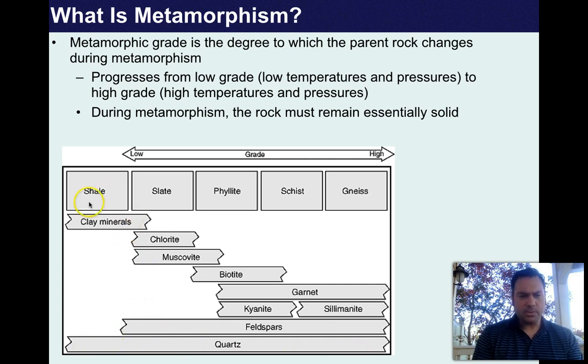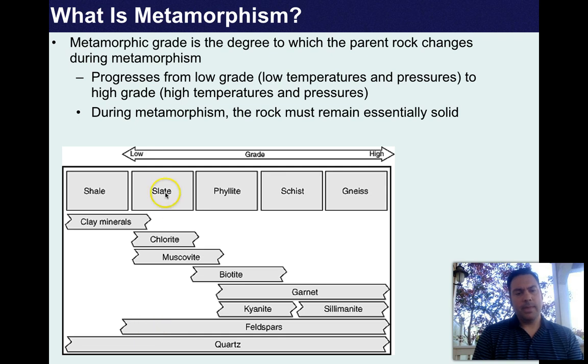But the other thing that's really cool is that when you form shale, remember the clay minerals form at the expense of the feldspars. Feldspars tend to break apart, and not just the feldspars, but most of the mafic minerals as well. But look, when you go from shale to slate, the feldspars come back. So it turns out feldspars are a relatively high pressure, high temperature mineral. It doesn't form on the Earth's surface.